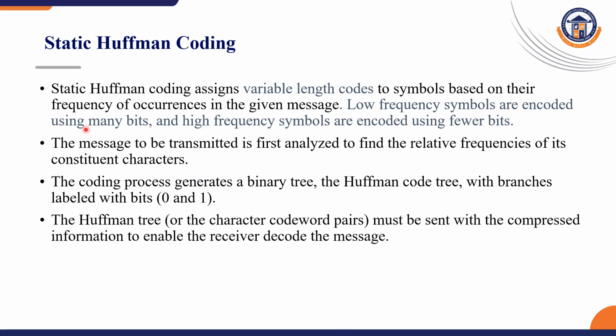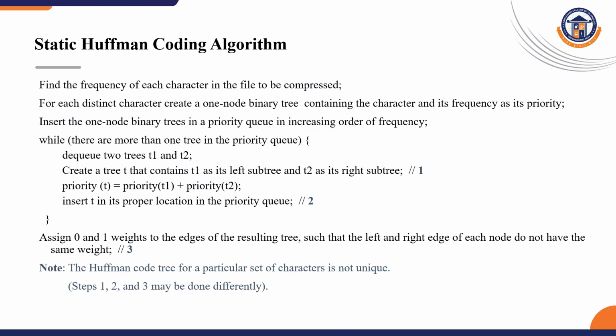The message to be transmitted is first analyzed to find relative frequencies, and then the coding process generates a binary tree, the Huffman code tree, with branches labeled with zeros and ones. The Huffman tree is generated and sent with the compressed information to enable the receiver to decode the message.